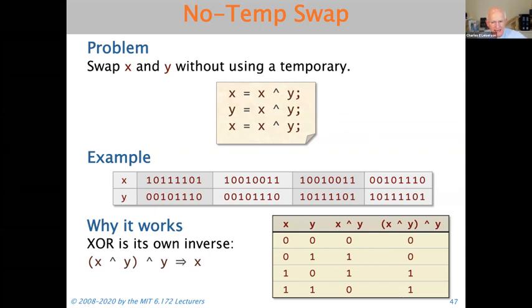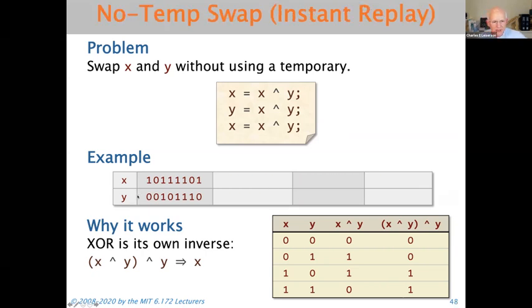I can always get it back if I have the value of the other. So having y and x XOR y in the second column, if I wanted x back, I could just XOR y with that value and I would get the original value. There's no information lost.